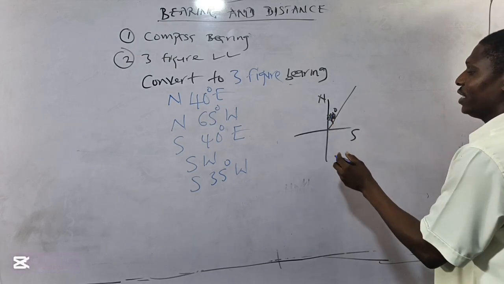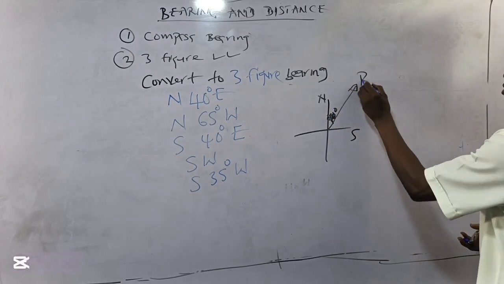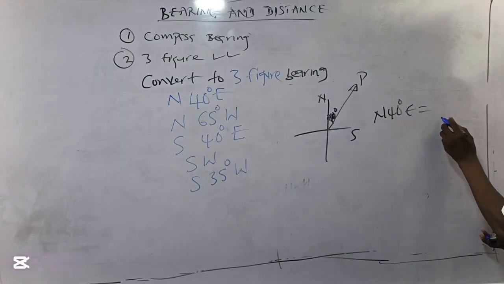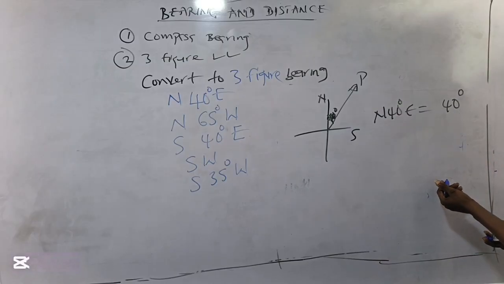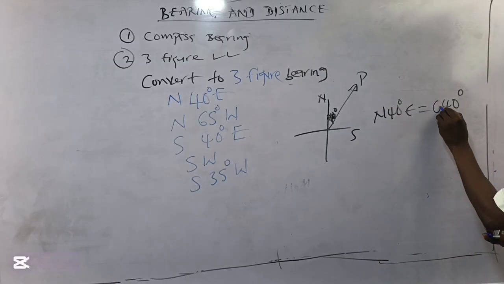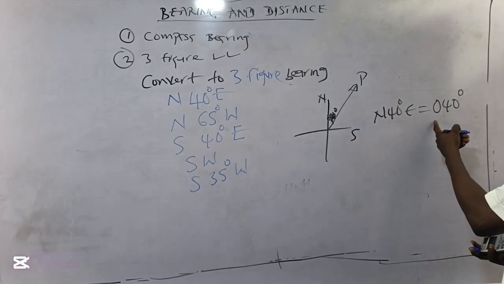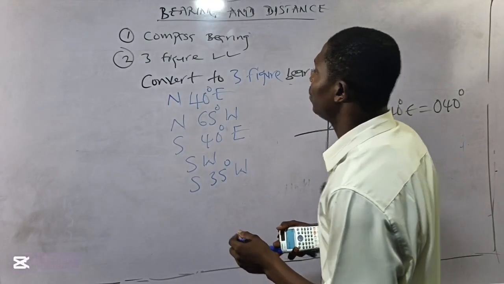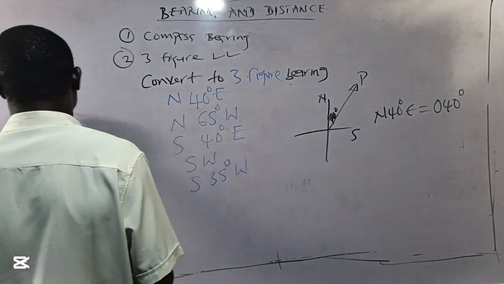If this is 40 degrees and it's coming from the north, it still remains 40 degrees. So north 40 degrees east is equal to 040 degrees in three-figure bearing. You just put 0 here to make it three figures.